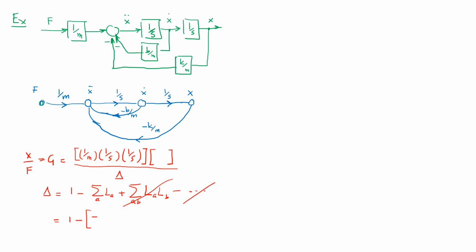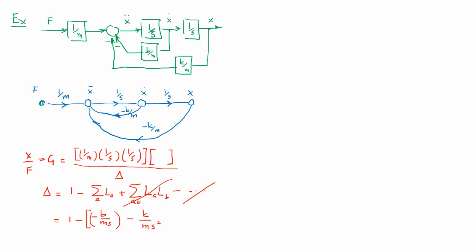This is going to be minus b over ms. So this is one of the loops, and then you have the other loop, which is a bigger loop, 1 over s squared, and then minus k over m. So that would be minus k over m s squared.